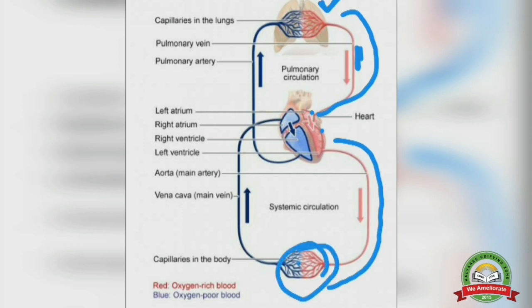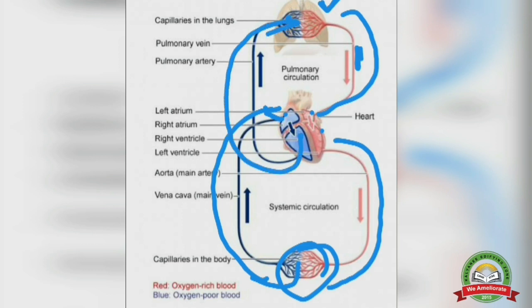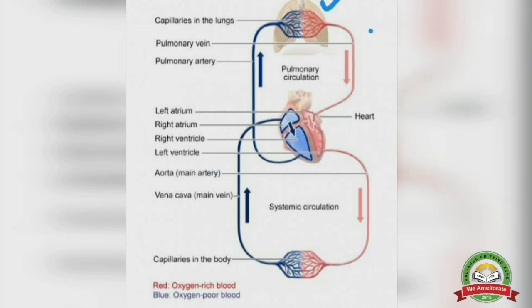Okay, in the capillaries it gets utilized in the body and carbon dioxide is released from the cell, and it becomes oxygen-poor blood, and again that comes back to the heart, to the right atrium. From the right atrium to the right ventricle and again from the right ventricle back to the lungs. So this is the basic way of flow of blood.